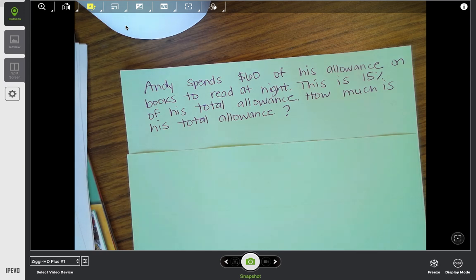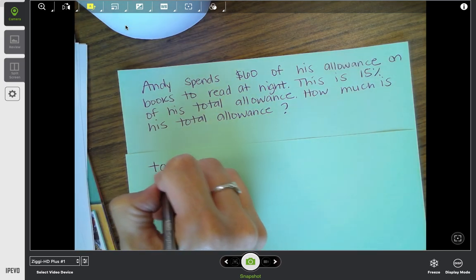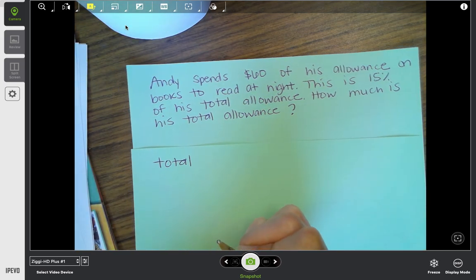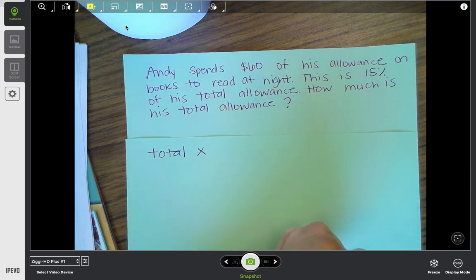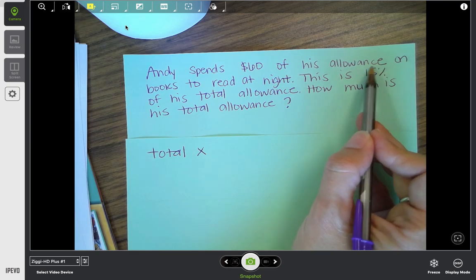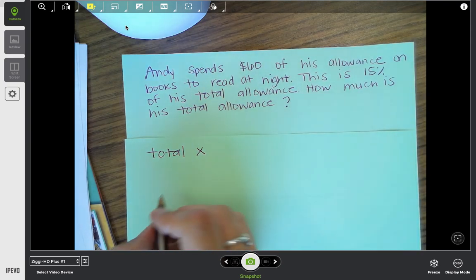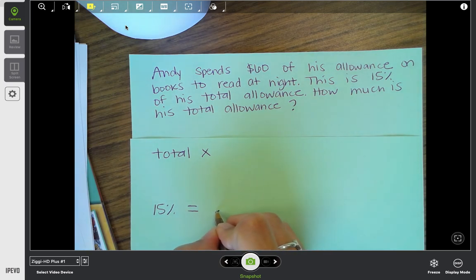So normally when we have been working with percentages, we've had the total, right? We've had the total, and we have had to multiply that by our percent that has been changed into a decimal. So in this case, if we were changing 15% into a decimal, that would be 0.15 or 15 hundredths.